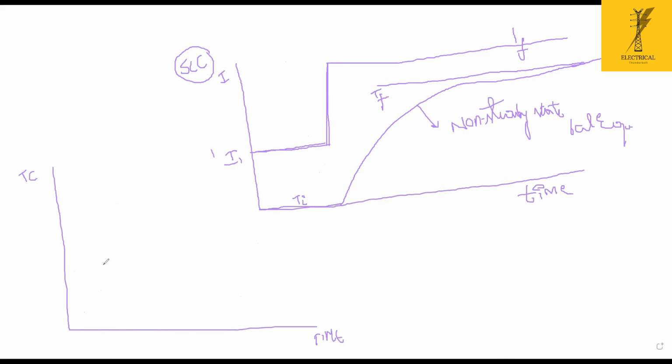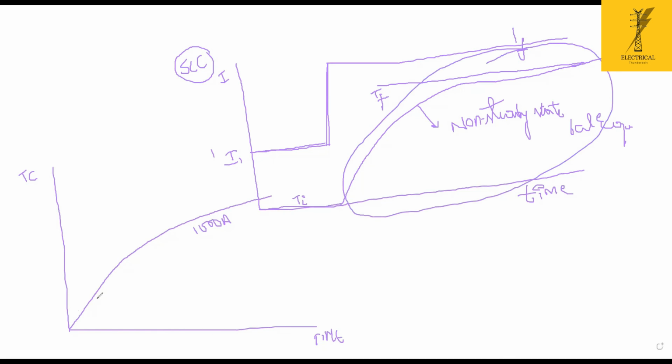When I inject, say, 1,000 amps in that conductor, the temperature rises like this with respect to time. This is the curve I am talking about.